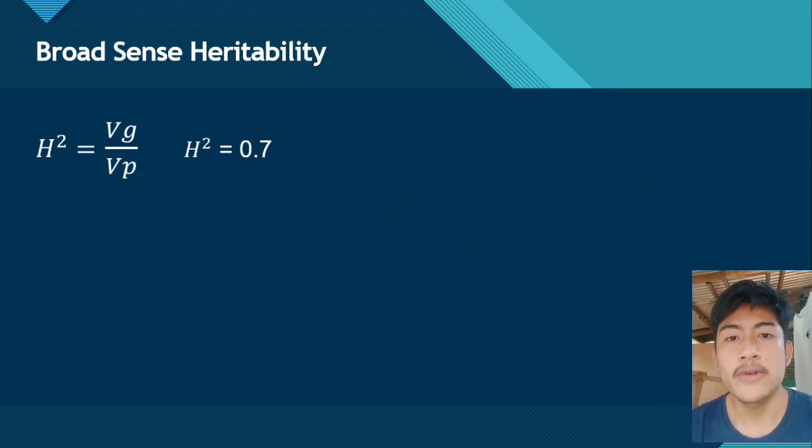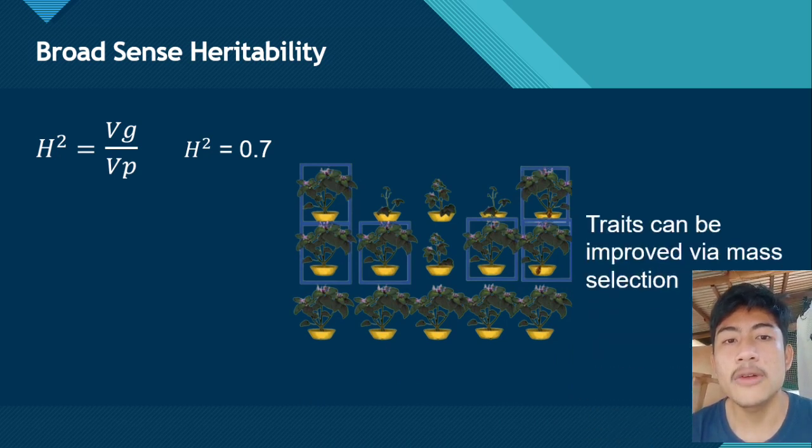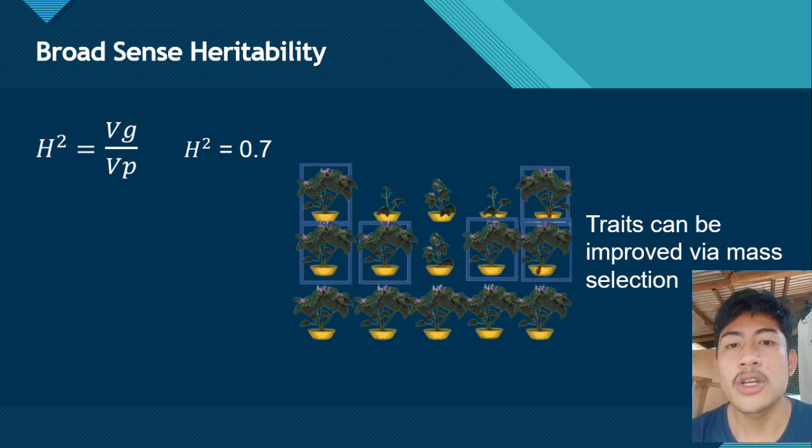Heritability of a trait of 70% means that most of the phenotypic variation in the population is heritable, and it means that if selection is applied, it will result in a permanent change of the trait under artificial selection.